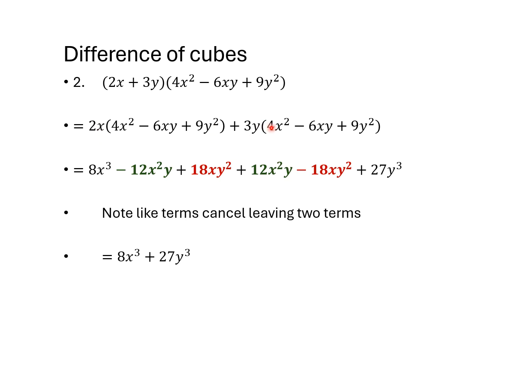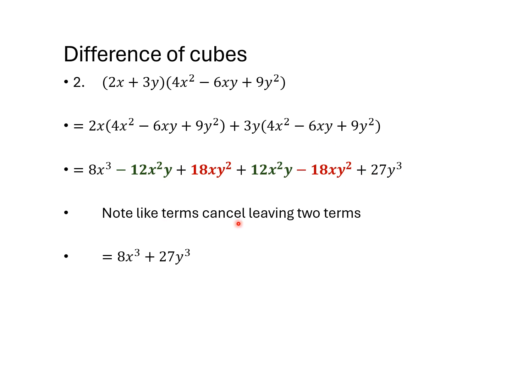3 times 4 would give me 12, y times x squared would give me x squared y. Positive times negative is negative. 3 times 6 would give me 18. X stays x, and this y times that y would give me y squared. 9 times 3 would give me 27. Y squared times y would give me y cubed.